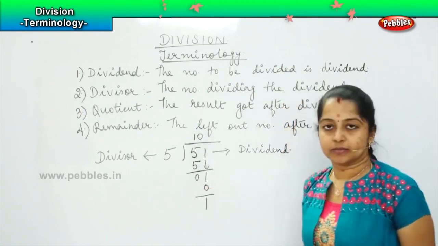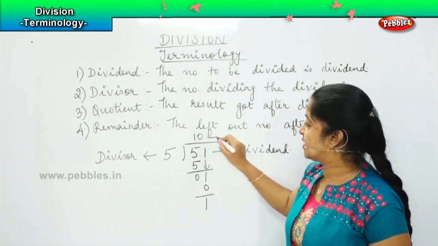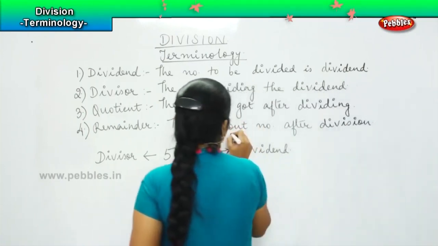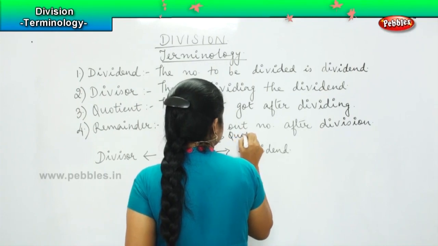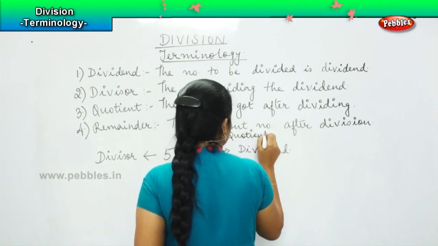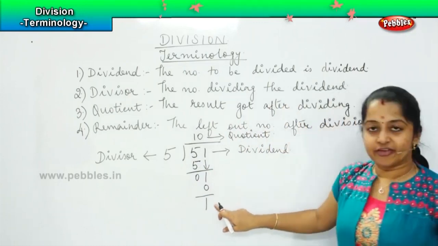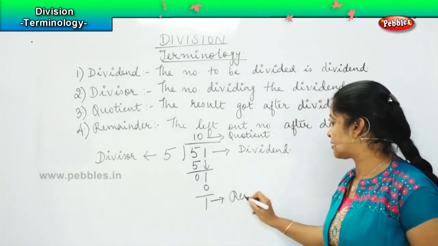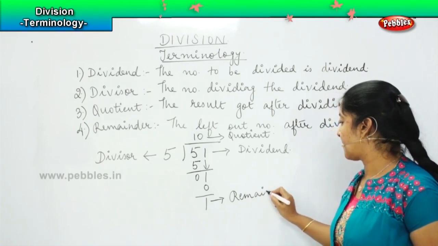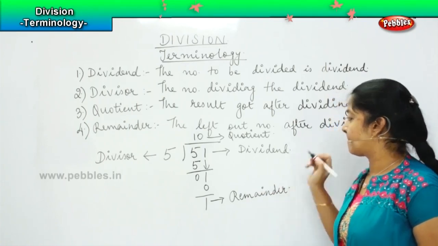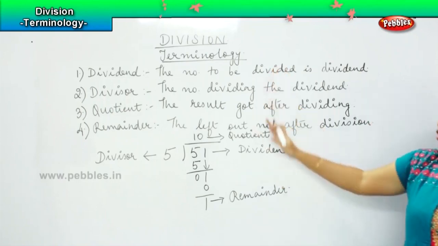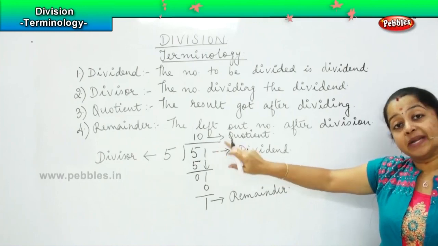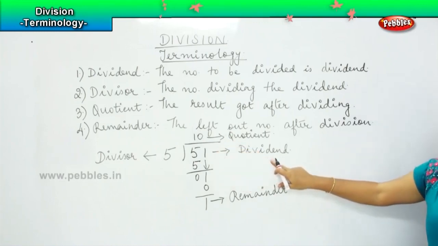My answer is 1. So the number which I get after division is called my quotient. Okay. And did you see the left out balance, children? This number is called my remainder. So now, is this concept clear to you? The bigger number which we will be dividing is called my dividend.